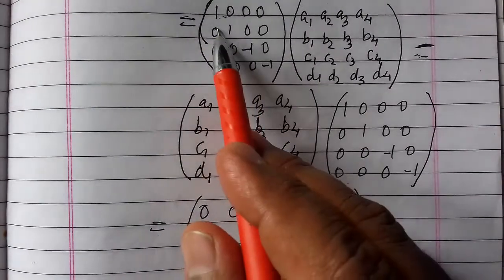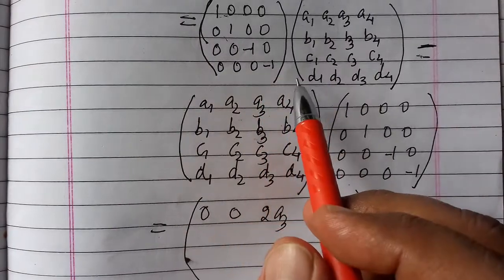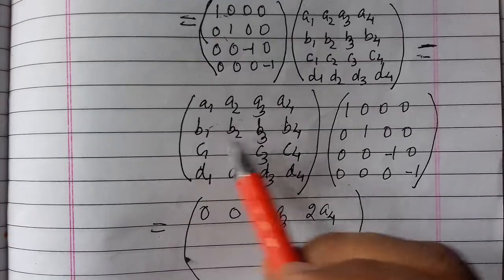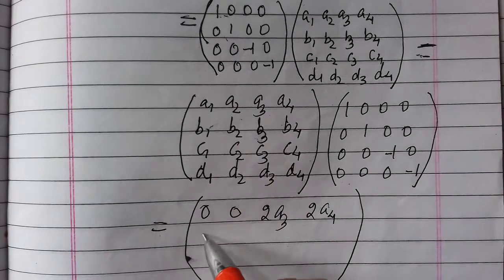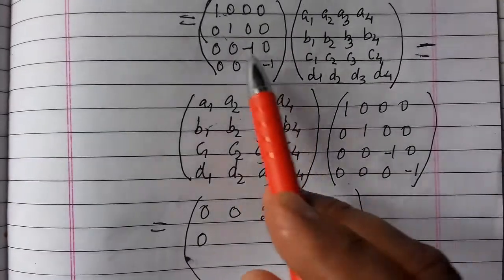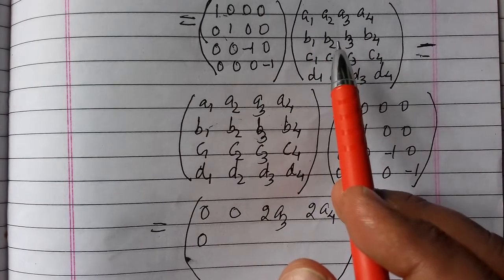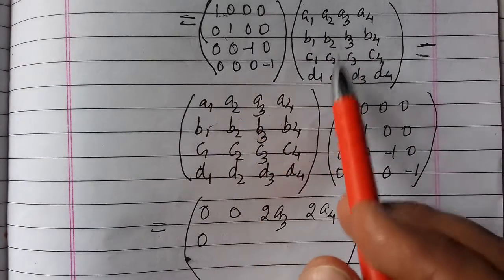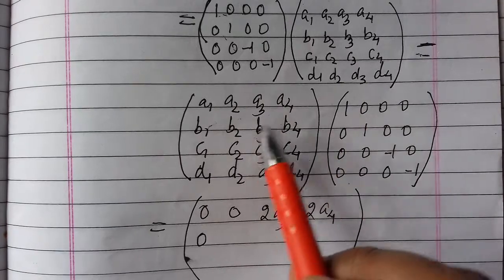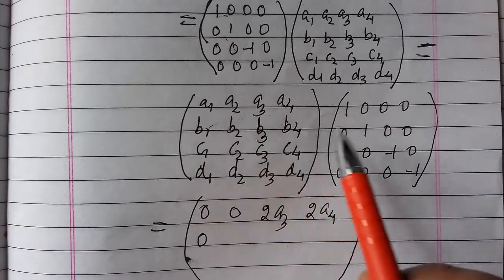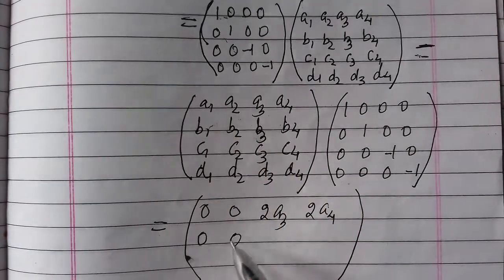Now we go for the second. In the second row you have b1, and here you will have b1, so b1 minus b1 is 0, and here will be second row, second entry, that will be b2, and from here will be b2, so again a 0.